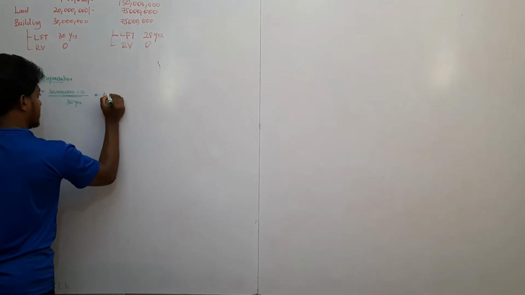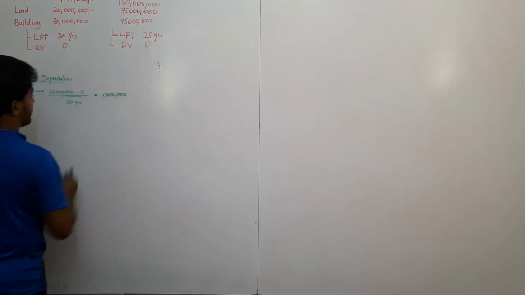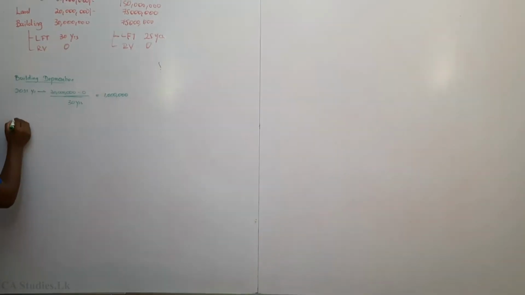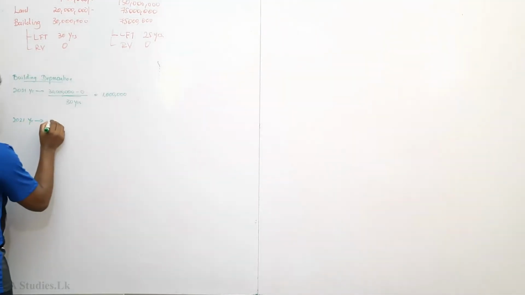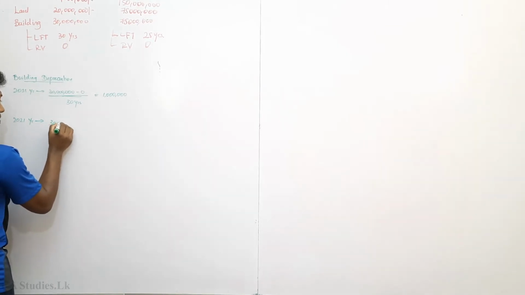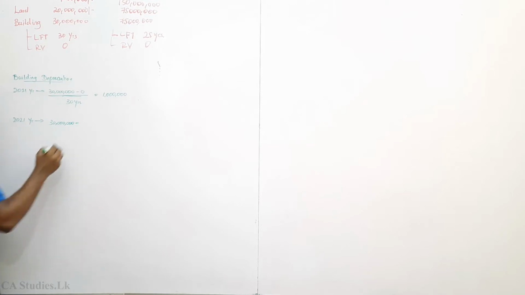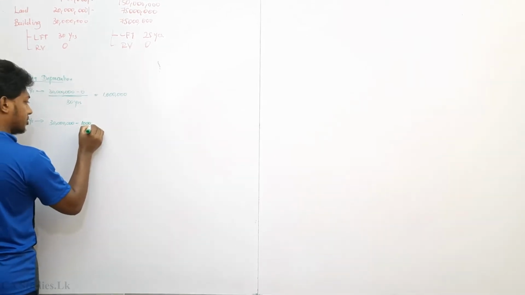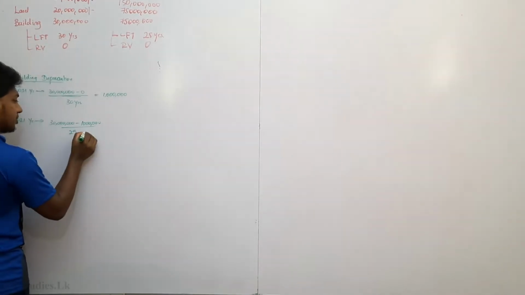For the second year, the cost is 30 million and accumulated depreciation is 1 million, so the balance useful lifetime is 29 years.